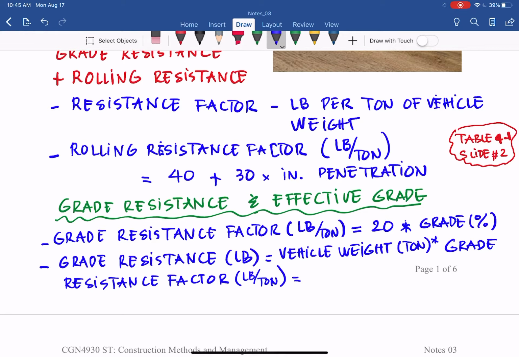Or it can be equal to the vehicle weight, and the vehicle weight in this case is measured in pound, not ton as in the previous one. And then we will times with the grade. So either way you will get the grade resistance.